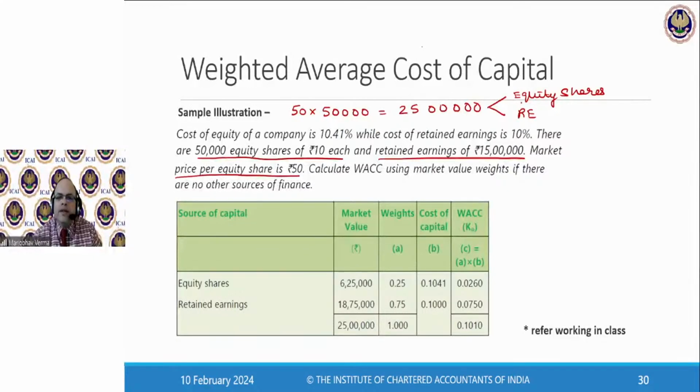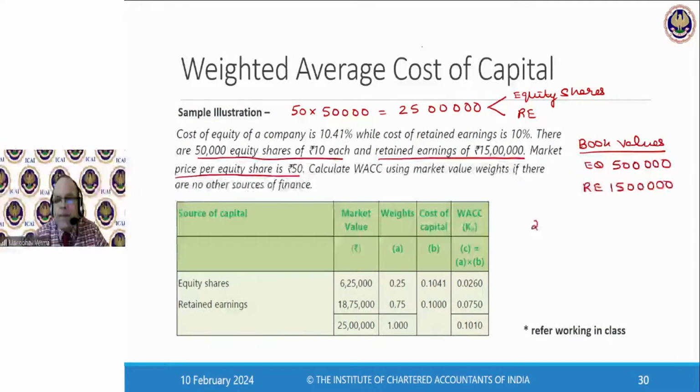That's the agenda here. Whereas, what is my book values? What is my book values, guys? My book value in this case is an equity of 5 lakhs, and retained earnings is given to us as 15.